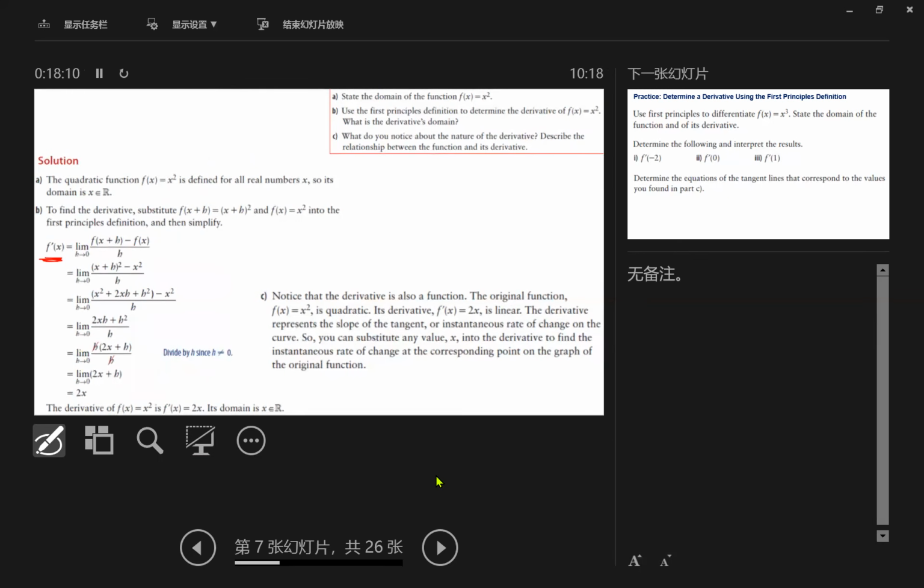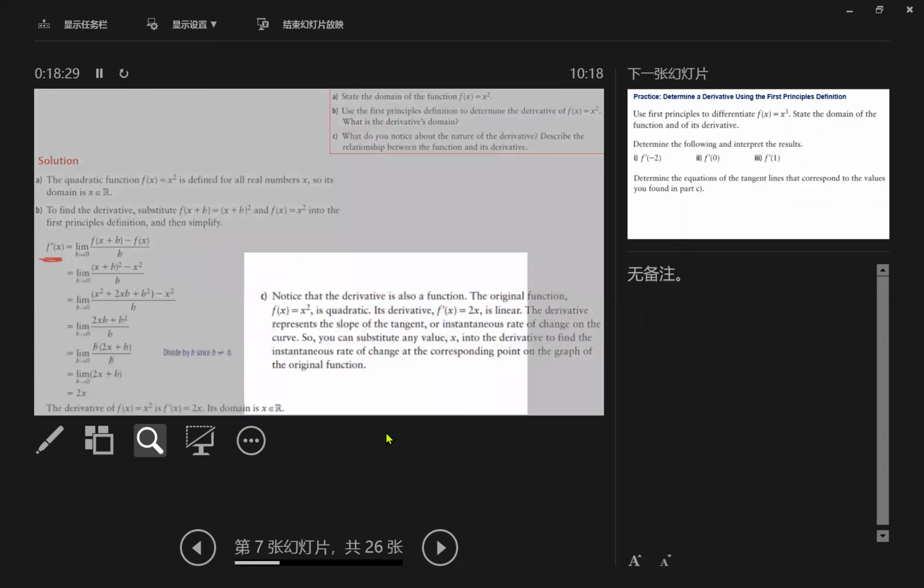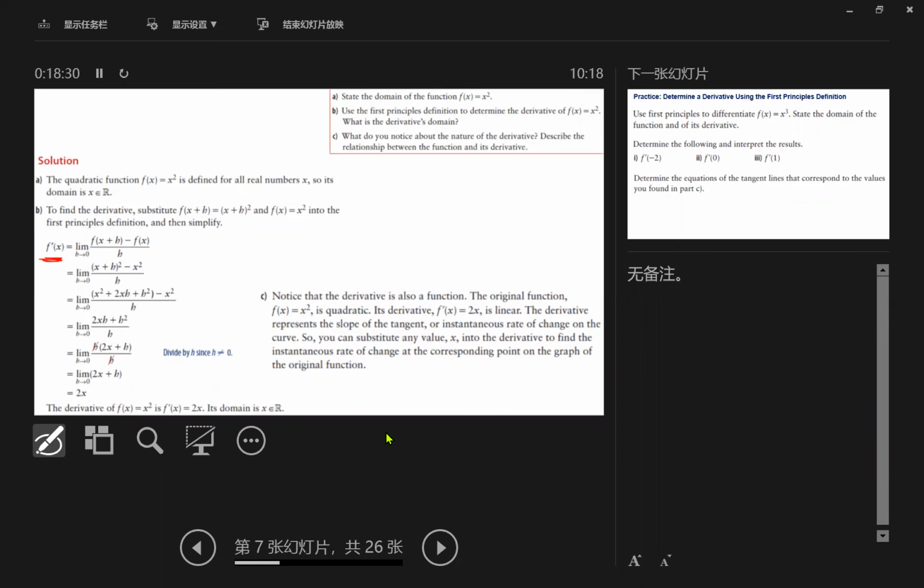The derivative represents the slope of the tangent, or the instantaneous rate of change on the curve, right? This is the definition of derivative. So you can substitute any value x into the derivative to find the instantaneous rate of change at the corresponding point on the graph of the original function. Do you understand?